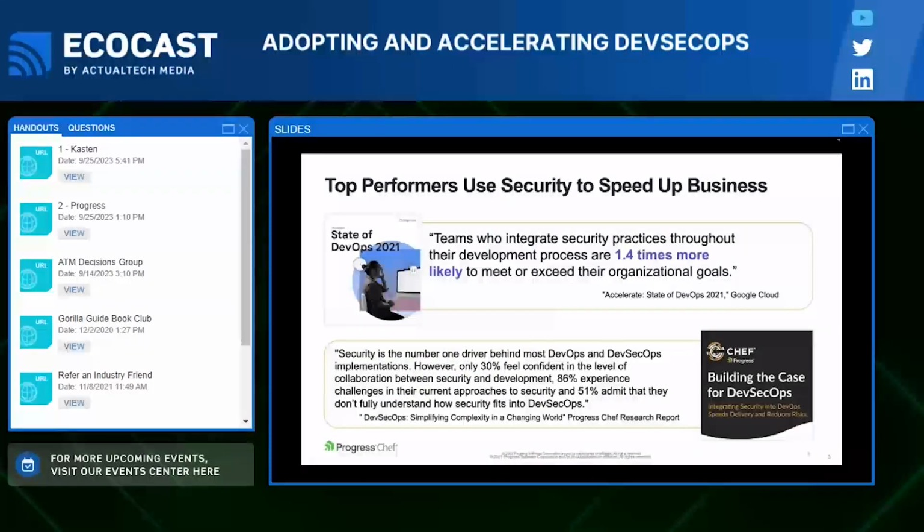So we all know DevOps has been the main initiative for most, if not all, companies in the tech space for the last few years. So we all know the benefits of merging those two teams together, making a unified process. But what's new is DevSecOps, so integrating security into that process. Over the last few years, we've seen a proliferation in the amount of cyber attacks and ransomware attacks that have occurred.